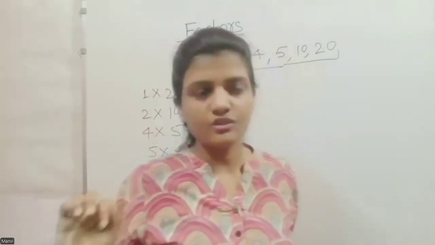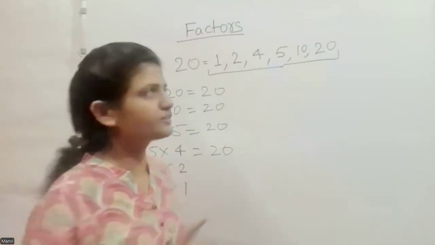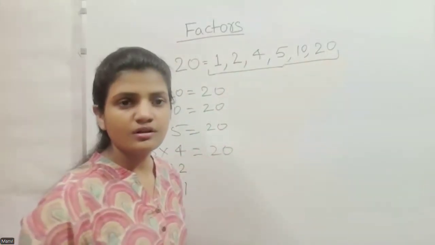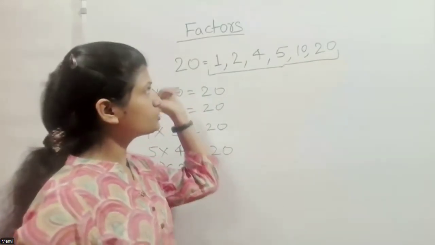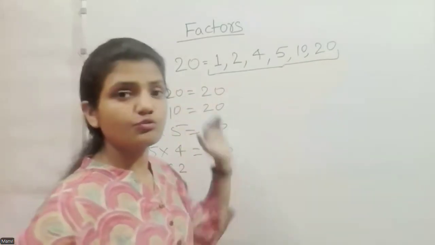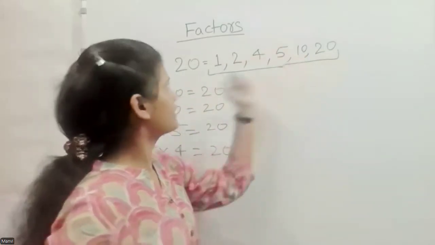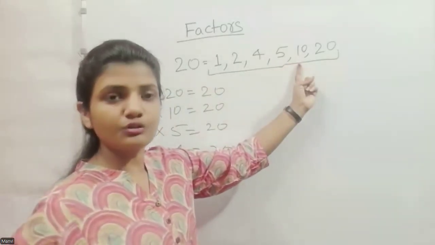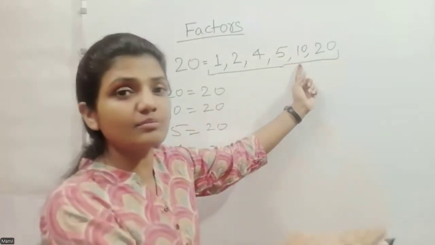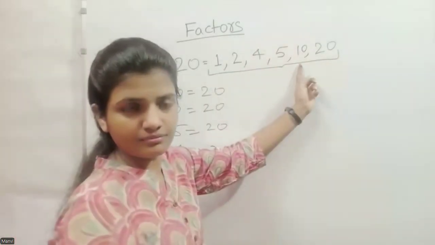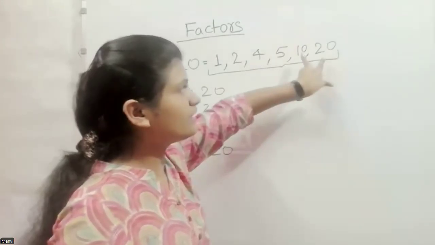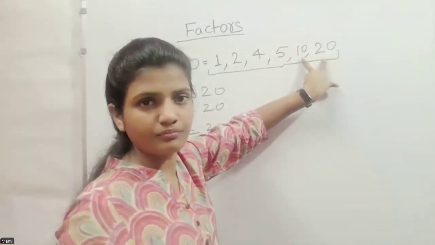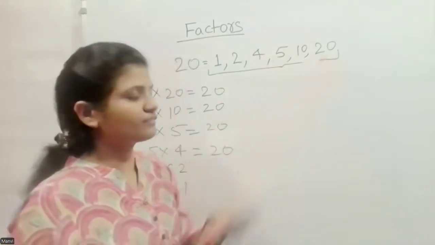So when you write the factors, stop when you reach the middle, because for 20 the half is 10, and the next number is the number itself. Between 10 and 20, nothing will be possible.